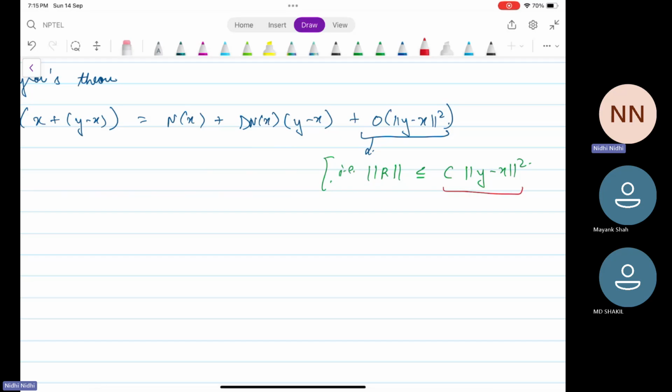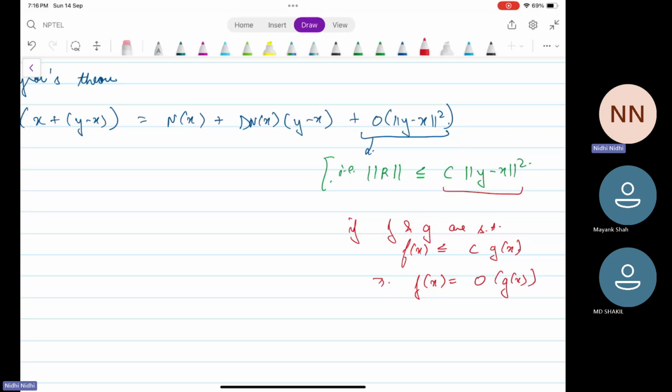Now I'll explain. If f and g are such that |f(x)| is less than or equal to some constant times g(x), then we say that f(x) is equal to big O of g(x).